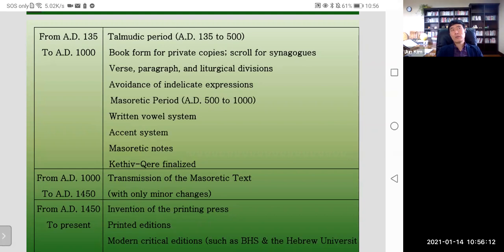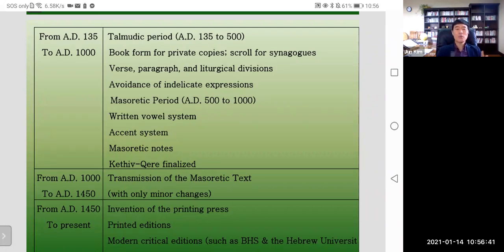So when the Bible was first copied, there was no division of Bible verses. Then avoidance of indelicate expression, and the Masoretic period, which is quite important, AD 500 to 1000. Written vowel system. So the vowel system was quite lately included. Accent system also.